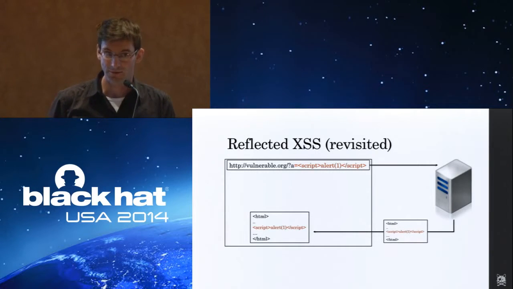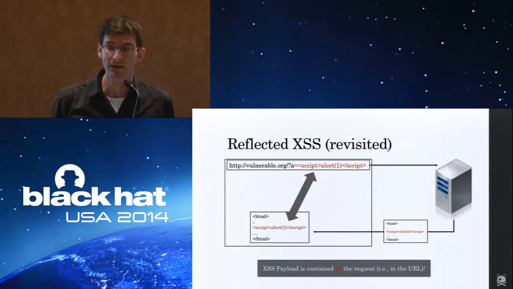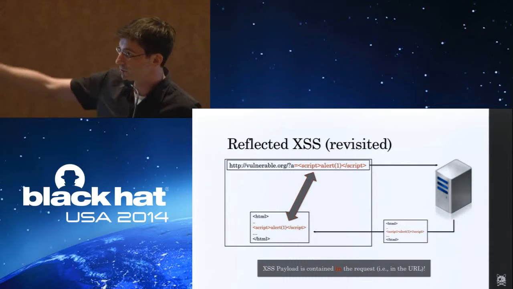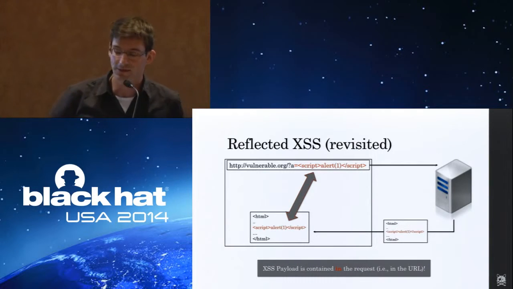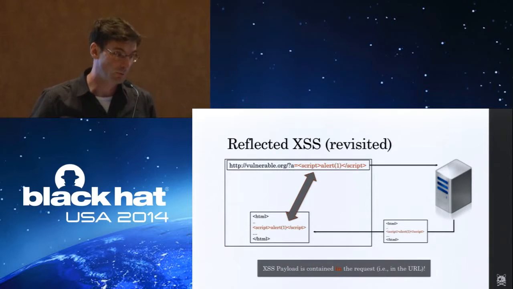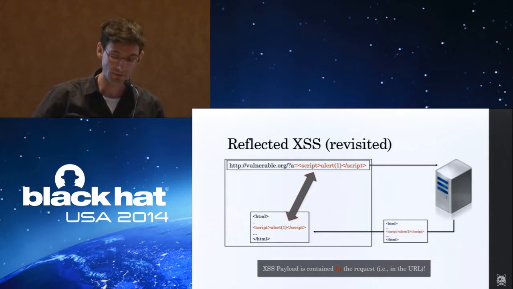The attack vector and the executed code that is the cross-site scripting vulnerability are both present in the response and the request. In this case, you can see in the URL the script alert 1, and the same script alert 1 appears in the corresponding HTML of the corresponding HTTP response.